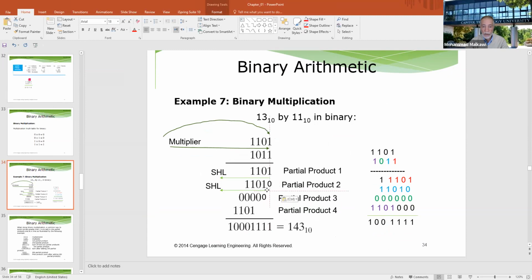So when I shift this, I shift actually 2 of them. So I have 3 zeros here. And then here I have a 0 and a 0 and a 0.